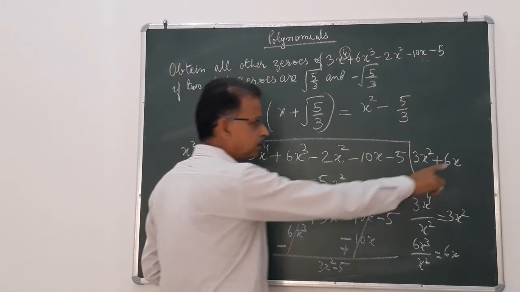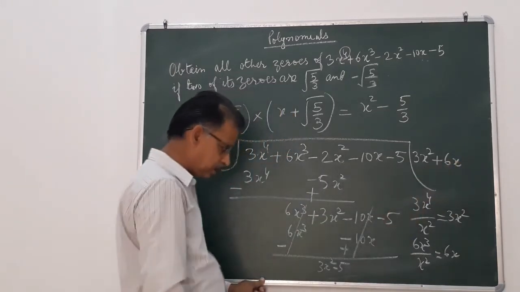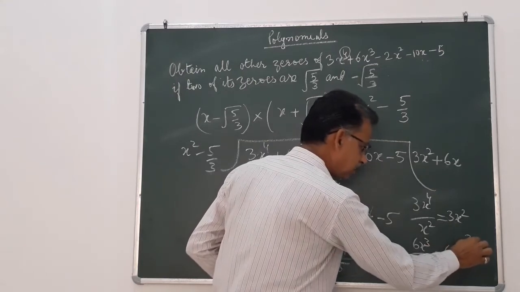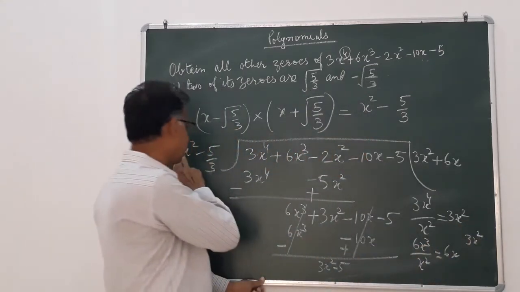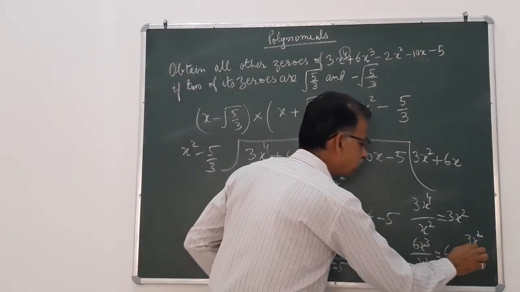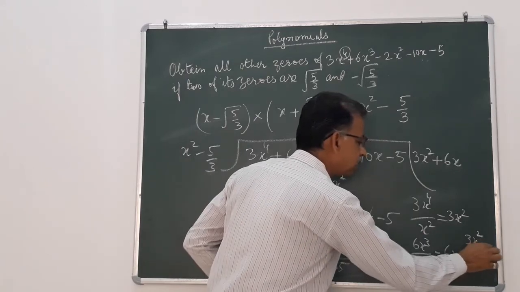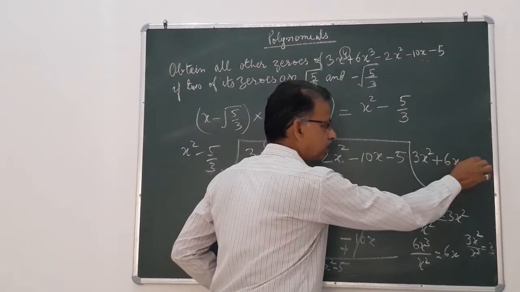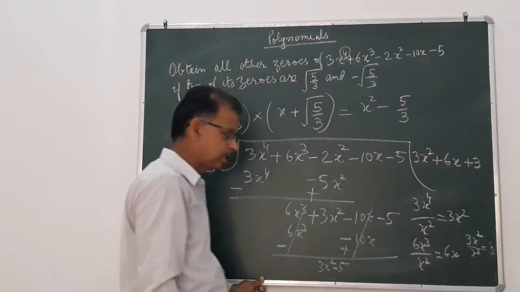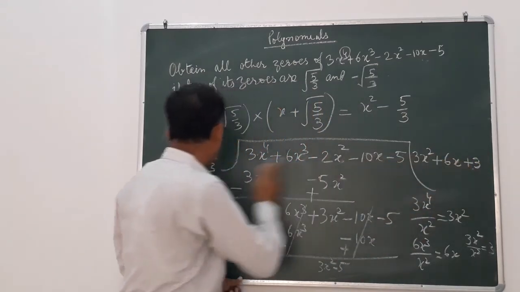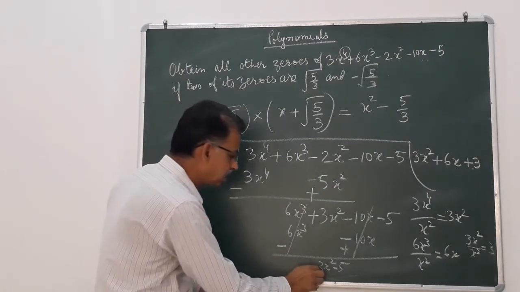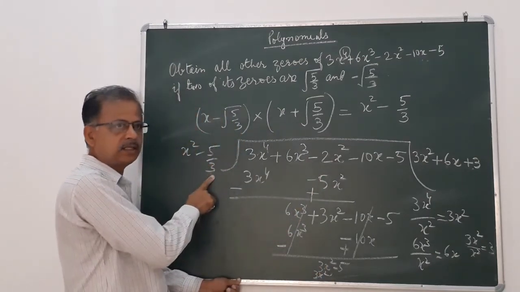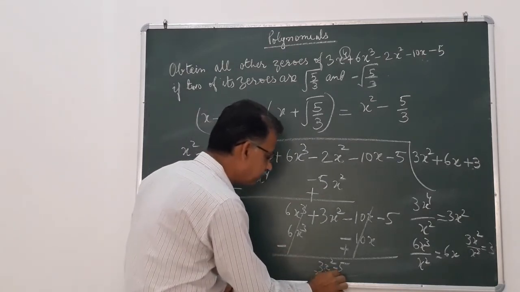To find the next term of the quotient, we divide 3x square by x square. We get 3. So we write third term of the quotient as plus 3. So 3 into x square, 3x square. 3 into minus 5 by 3, minus 5.